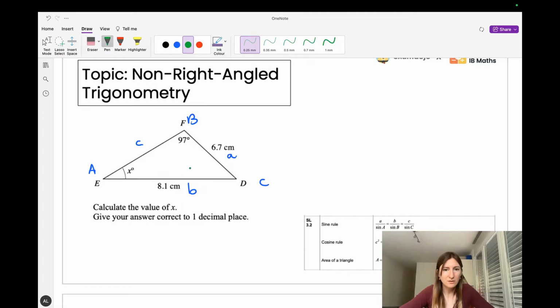I've been given a corresponding angle and side here, and I've been given a corresponding side. I need to find the angle there. So this is sine rule. So we need to find angle A. So instead of putting it this way, I'm going to put my angles on top. So I'm going to have sine A, angle on top, over A equals, and my B, sine B over B. So we have sine of X. Oops, sorry.